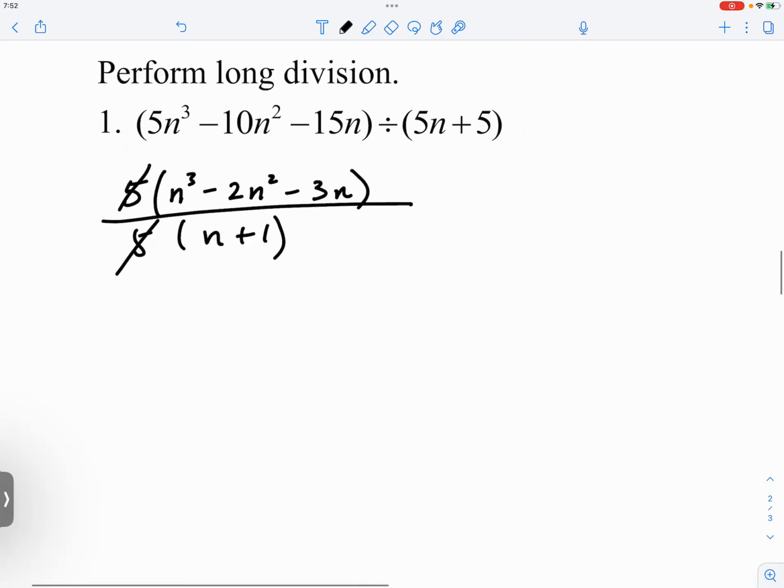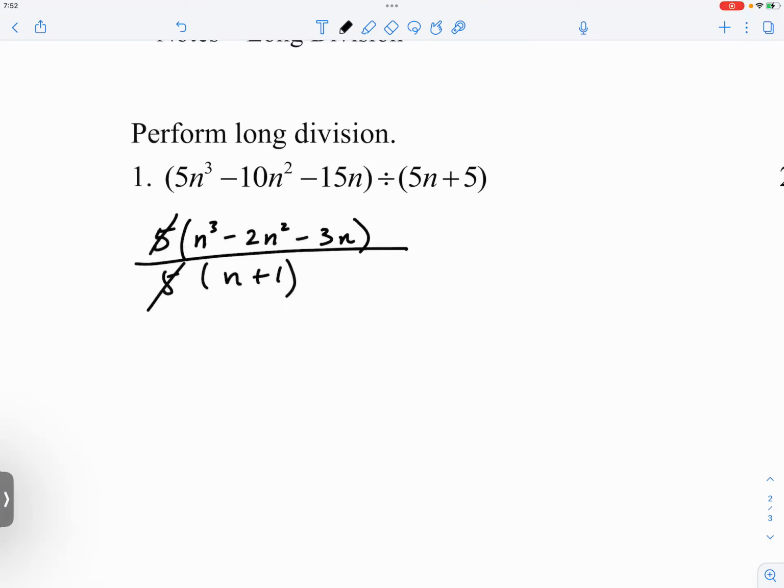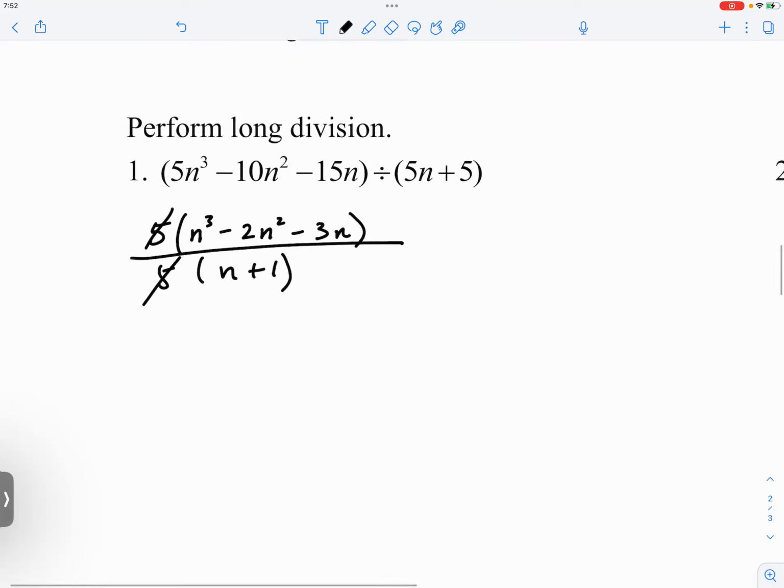So now we say, all right, perform a long division. How do we perform long division? Well, this is how we do it. With a polynomial, an example would be 5x cubed plus 3x squared minus 7x plus 4, for example.